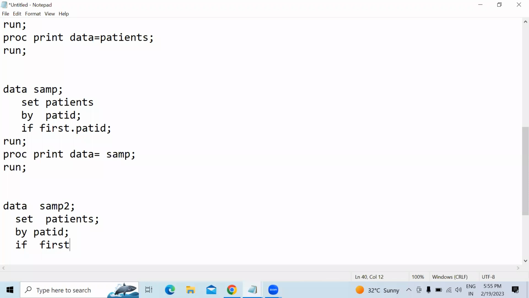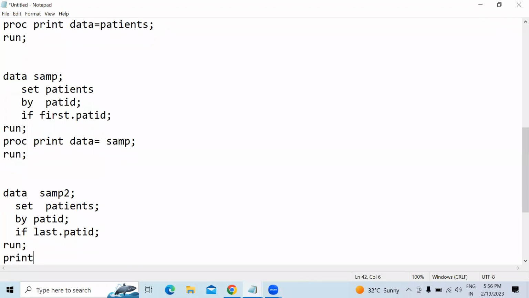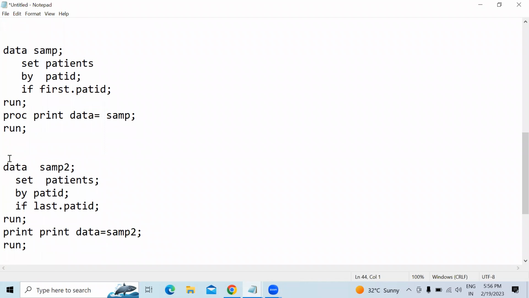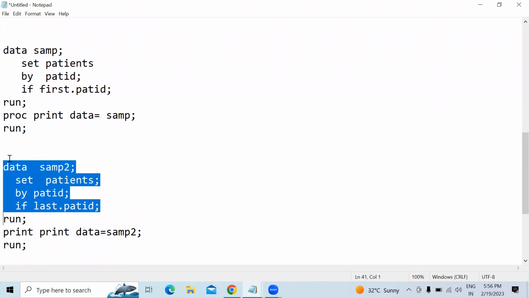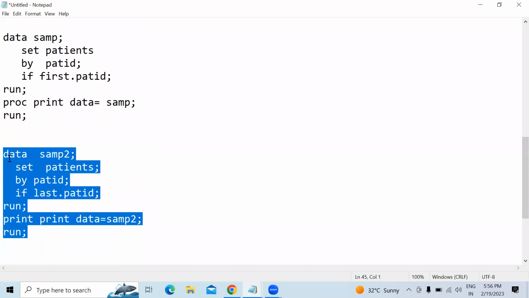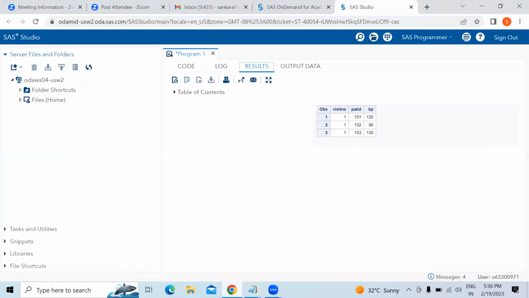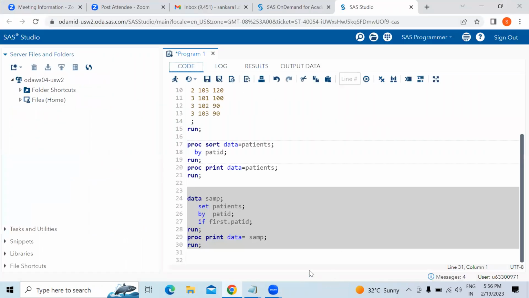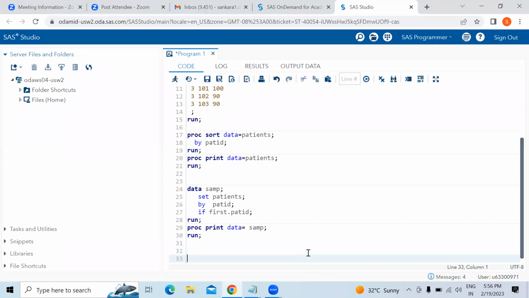If, instead of saying first, last dot patient ID. Now this time test it. Proc print data equal to sample. Then run it. So from this output, you will get the last record or last visit of each patient. Running only this part now.